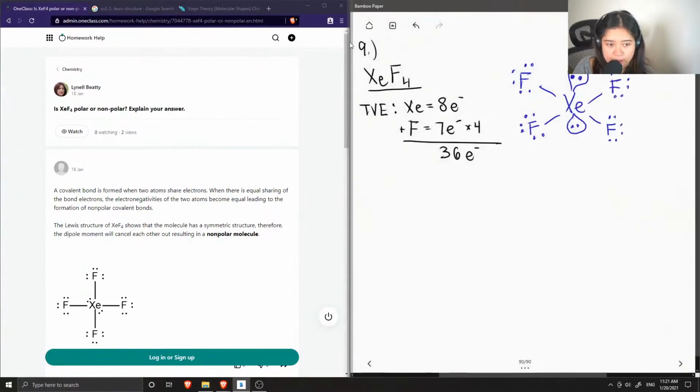And if we want to analyze its molecular shape, let's first count out the lone pairs and bonded atoms of our xenon atom. There are 2 lone pairs in total. And the xenon is bonded to 4 atoms. So we have 4 bonded atoms.